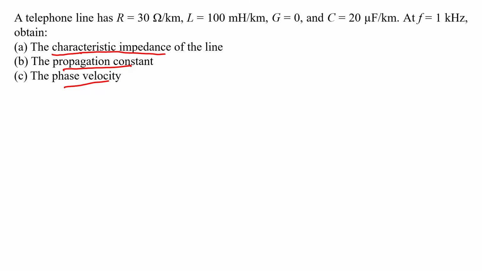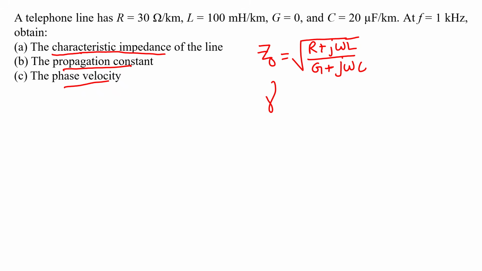So first we'll write down the formulas. What is the formula for characteristic impedance? The formula for characteristic impedance Z0 is equal to square root of (R plus j omega L) divided by (G plus j omega C). This is the formula for characteristic impedance in terms of line parameters. Next is the formula for propagation constant.